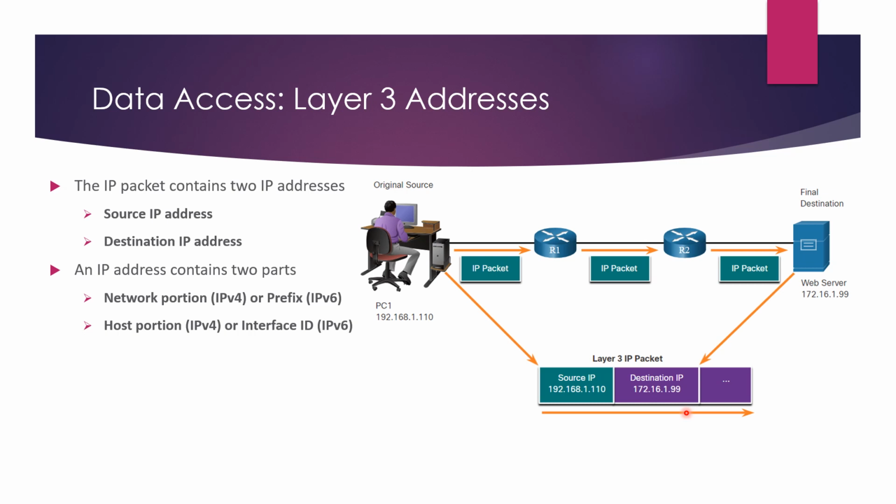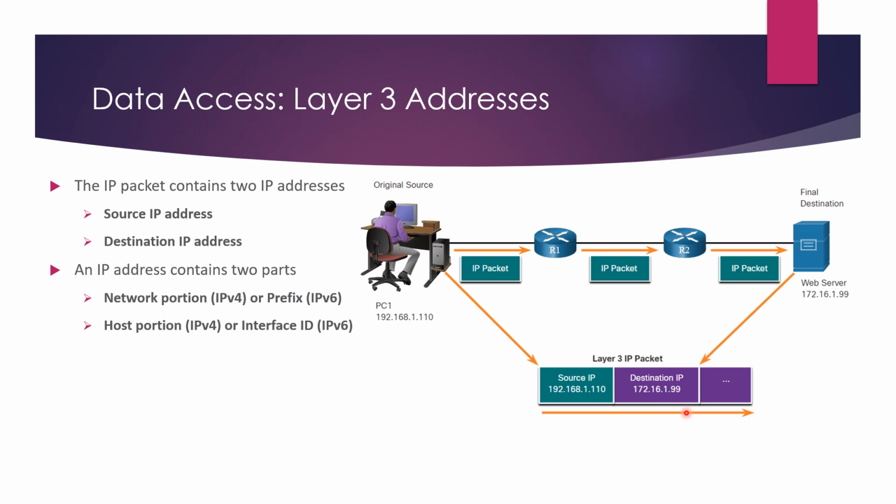It is also important to remember that an IP address contains two parts: the network portion in IPv4, or the prefix in IPv6, which is the leftmost part of the address that indicates the network in which the IP address is a member.